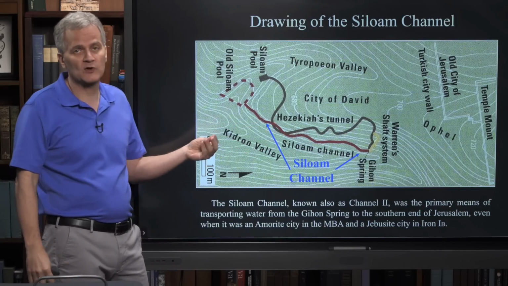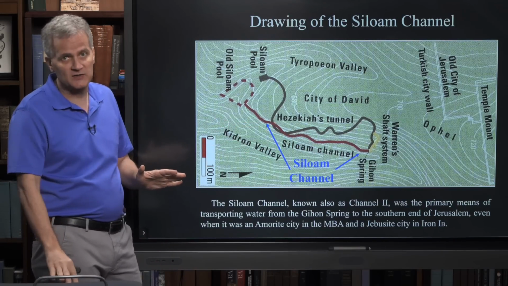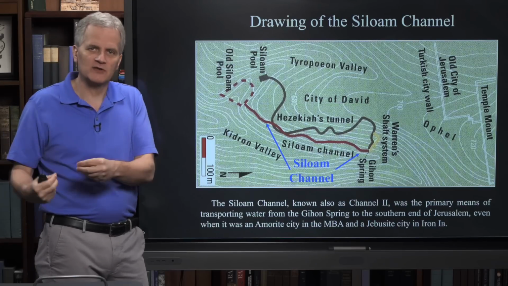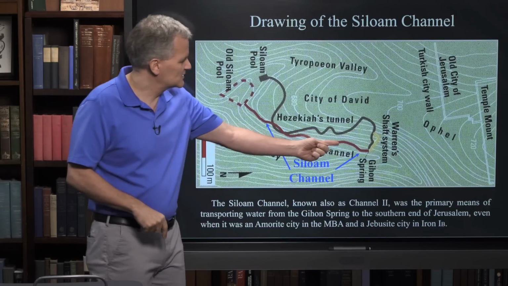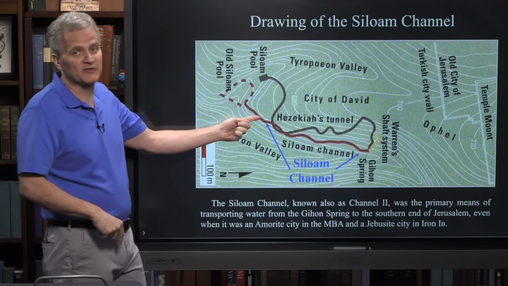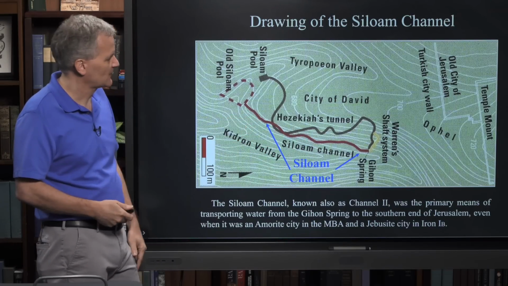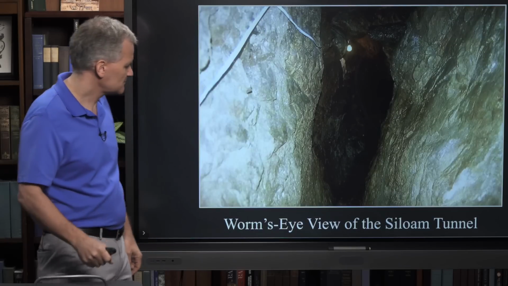That was a water source for people outside the city. But obviously, if the Neo-Assyrians are coming, you don't want to give them access to this. So what they had to do is bottle up this Siloam Channel from access.